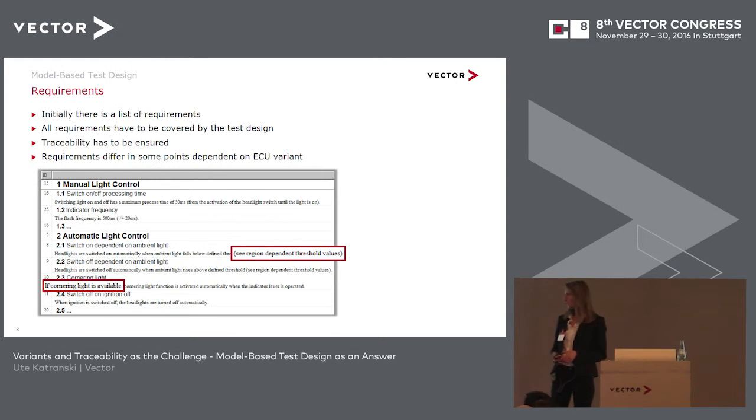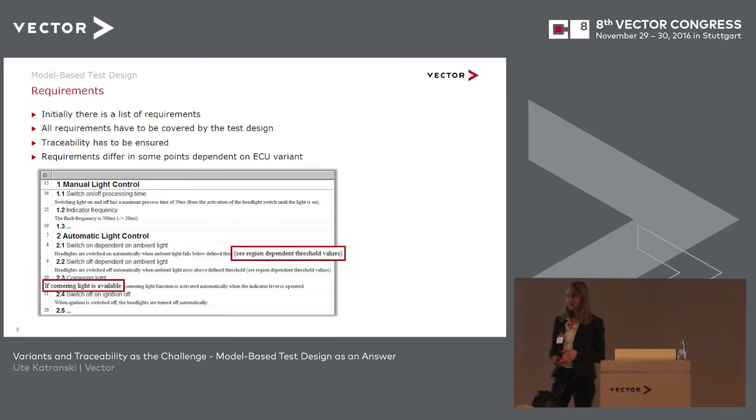When it comes to requirements, I have different variants for my automatic light control. I have a threshold value where the light has got to be switched on or off automatically. So the ECU might be different for the USA, for Europe, or one with bending light, one without bending light. So certain different requirements need to be covered. So I have a lot of variants.